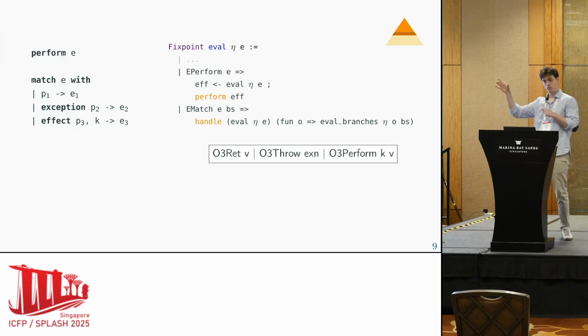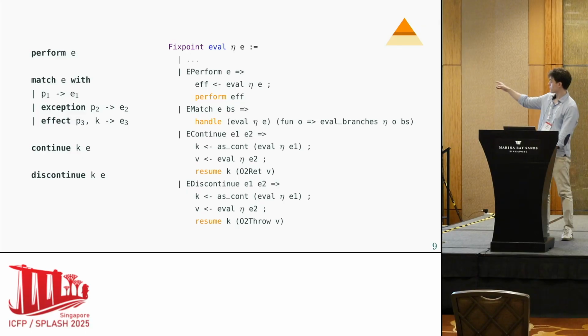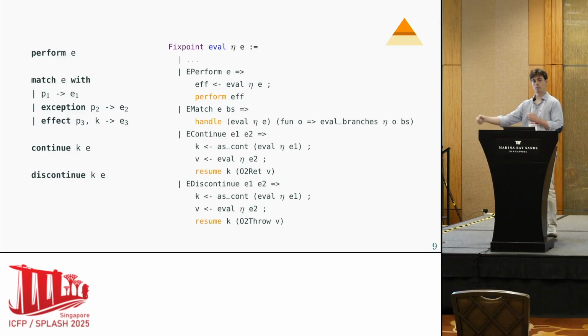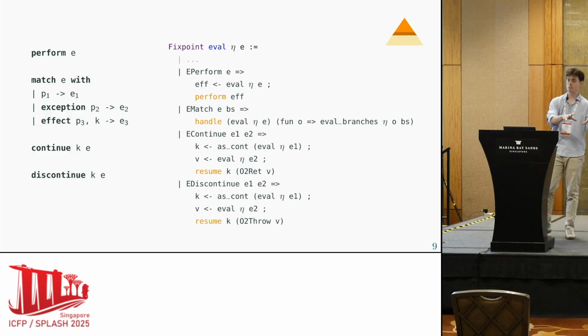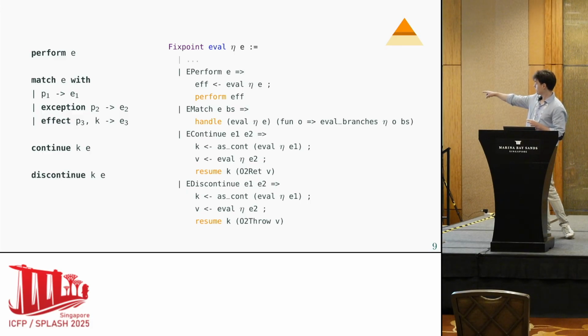Once we've matched on an effect and we're handling it, we potentially want to resume the computation, resume the continuation. In OCaml, the two keywords for that are continue, to continue a computation with a value, and discontinue in case you want to throw an exception at the point where the effect was performed. We use the same combinator for these two, resume.